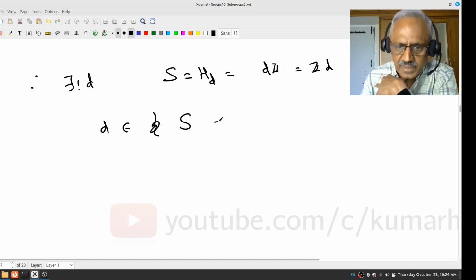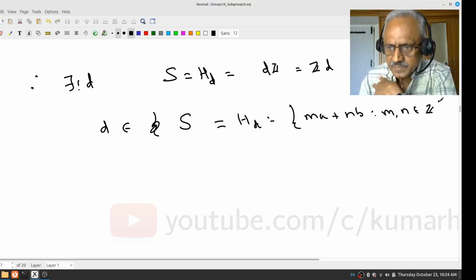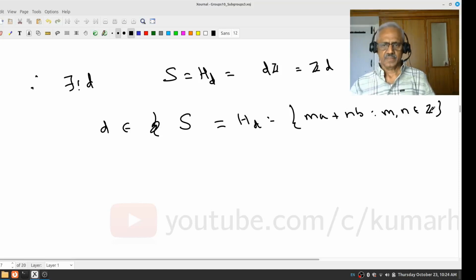D belongs to S, which is H_D, which is the collection of all MA plus NB, with M and N in integers.